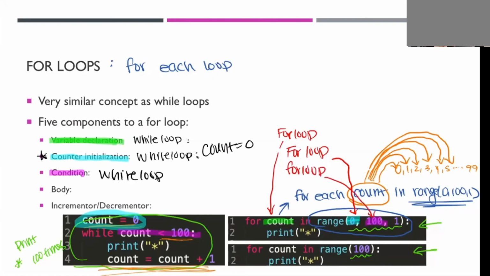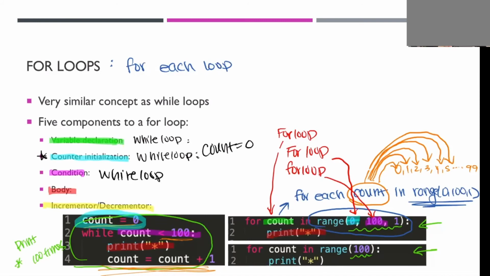We have the body. The body for both of these is pretty much identical. It's just a matter of where you think you need to place it. So the body here is just printing the asterisk. And then we have our incrementer or decrementer, which is going to be the step size for the for loop.